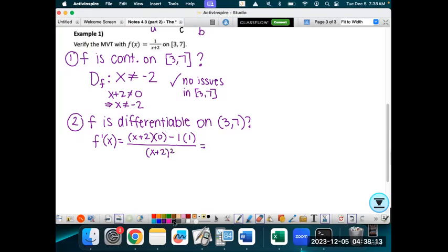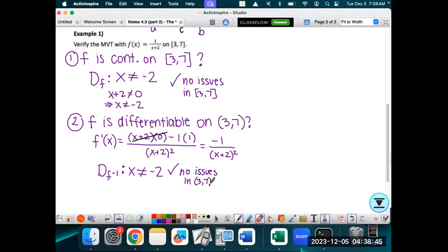So this basically disappears that first term, and we just have -1 over x plus 2 squared. Our domain of the derivative is going to be the same thing. Same kind of scenario happening in the denominator. So we are good. Our function is differentiable on that interval. Okay, so our two criteria are satisfied.